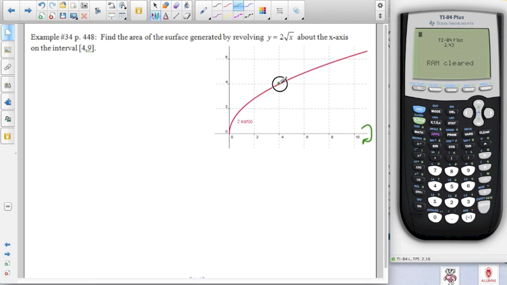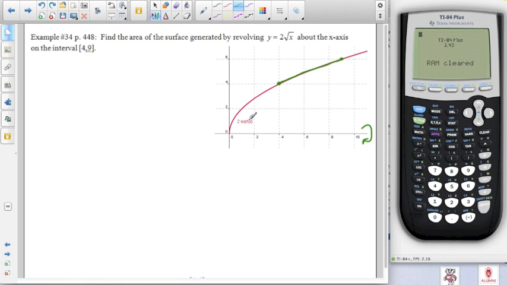If you notice, those two values are perfect squares, so they work nicely in that function. So we're going to take this surface and revolve it about the x-axis, and we're going to get that shape that resembles a lampshade again.